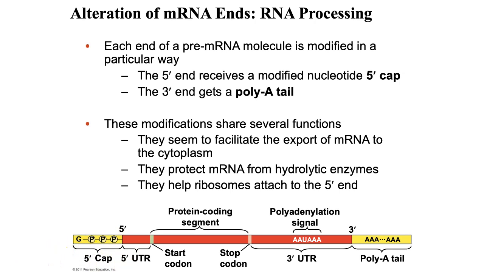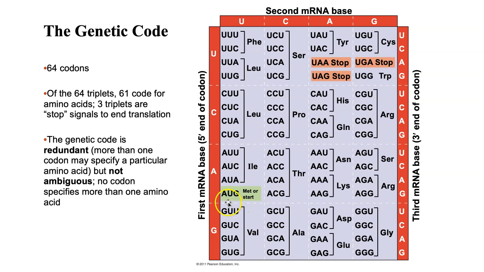And just to get your bearings on all of the components of this pre-mRNA right here, again, we have the 5' guanosine cap here. We have a 5' UTR, which means untranslated region, which means that this part of the transcript is not going to be made into a protein. Then we have our start codon. If you remember from the beginning of this lecture, the start codon is AUG, and it's going to code for the amino acid methionine.